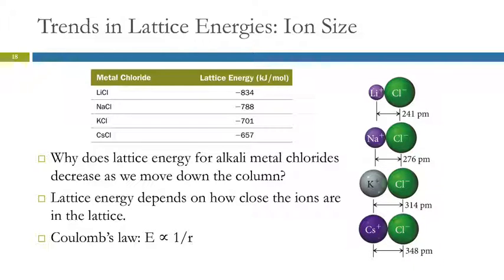If they're farther apart, they're going to be less attracted. We can refer back to Coulomb's law. The energy is proportional to 1 over r, where r is the distance between the charges. Well, the distance between the charges is bigger here.